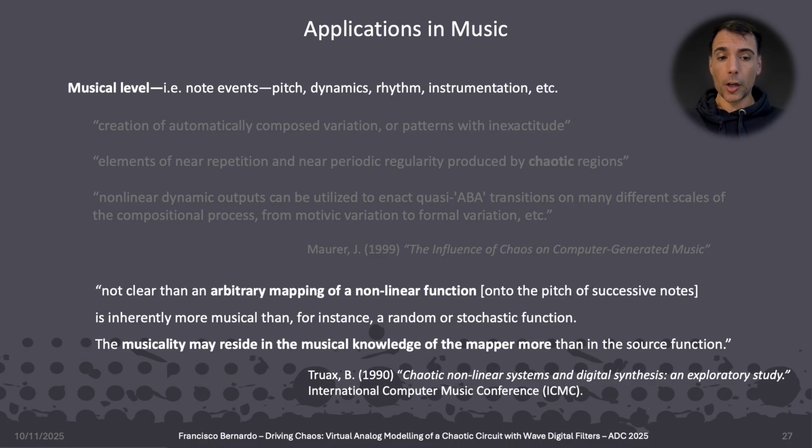Arbitrary mapping of a nonlinear function onto a sequence of pitches might not be more musical than purely random processes, which can be quite boring or dry or meaningless. So what is important is how the mapper designs his mappings and how he applies them. And the predictability of a chaotic signal might be useful for that.